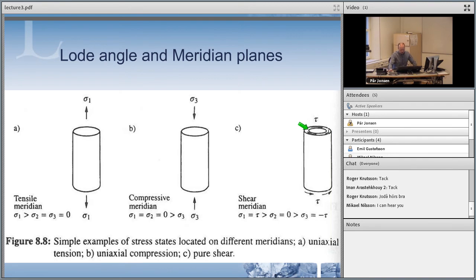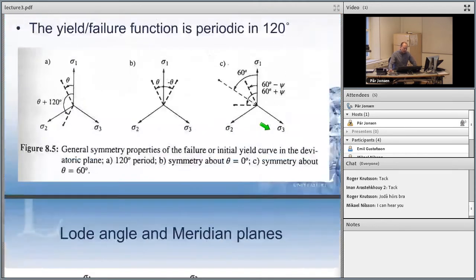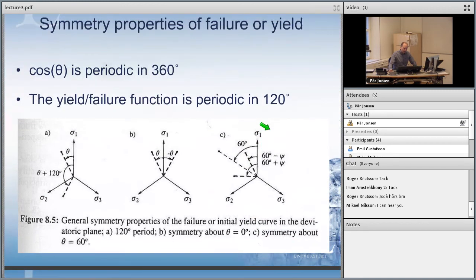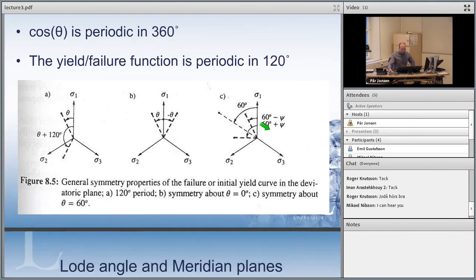Then sigma 1 will be exactly the same as the torque and larger than sigma 2. So different kinds of loading are connected to where you are in this deviatoric plane, the local plane that you have projected. Depending on where I am, I will have different kinds of loading.